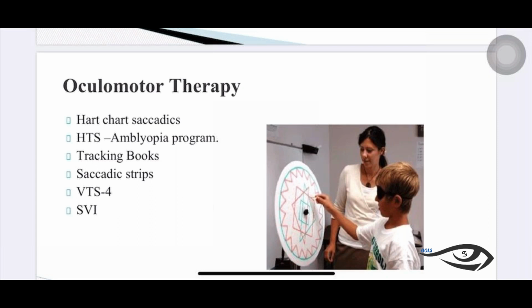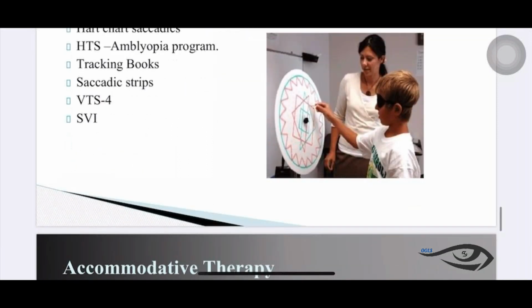Then there are some saccadic strips that you can also use. And there are some software like Vision Therapy System 4 or Sanet Vision Integrator, which are mostly used in the treatment of oculomotor therapy. So through all these things, you can give oculomotor therapy.